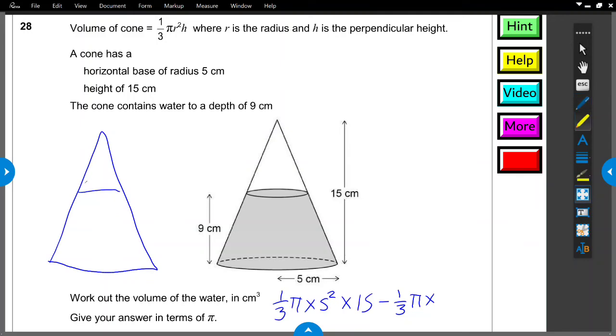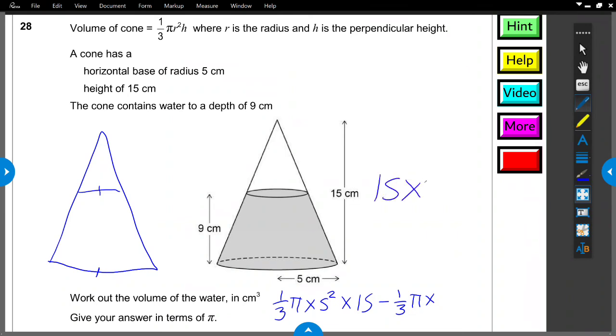This triangle here is basically just a scaled down version of the larger one. So this distance here, I have a radius of 5, and I want to work out what I've scaled this down to up here. To do that, we can think about what we scaled the height by. So we had a height of 15, and now we've times that by something.